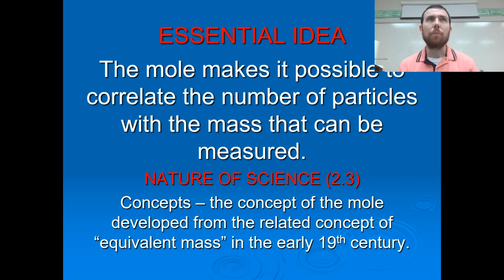Right? And so particles, we start to think about them. There's lots of them that make up the substances we interact with. We don't really understand it at that particle level, but when we convert it to mass, we understand that. So moles allow us to go from that particle level to that macroscopic level that you and I can better comprehend and grasp.